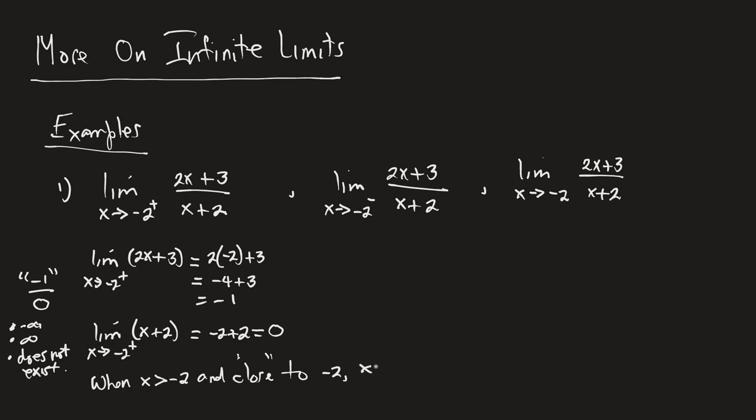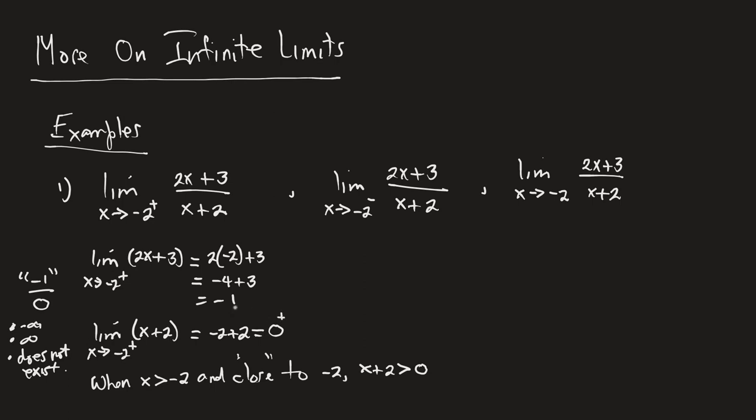Then x + 2 is greater than 0. So what that means is the denominator is getting small, but with positive values. So I'm going to indicate that this is a 0 plus.